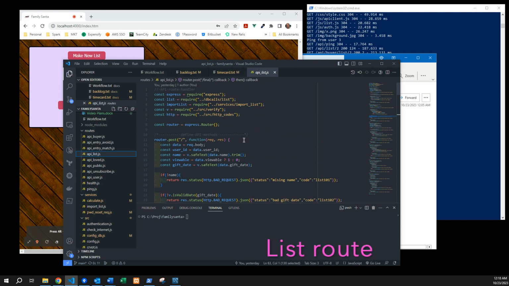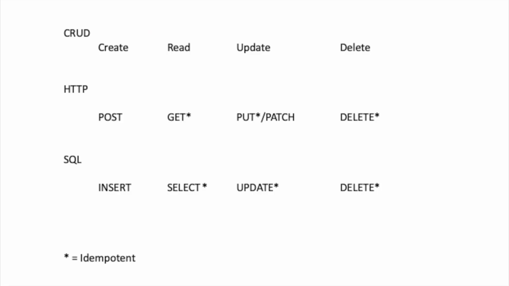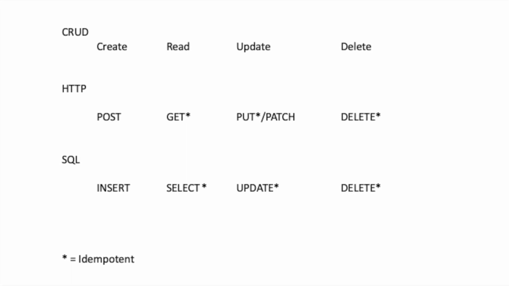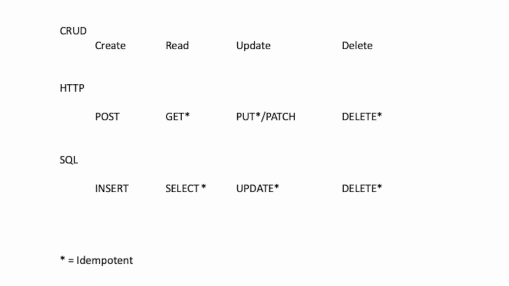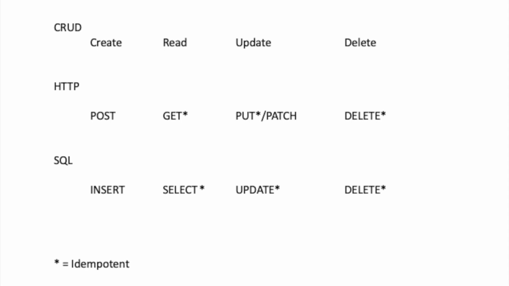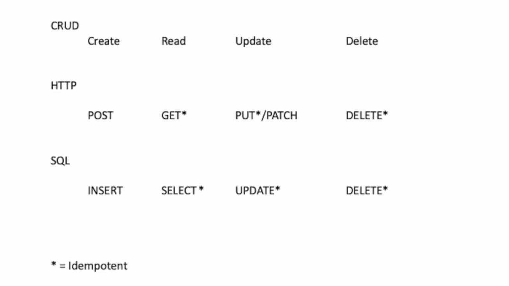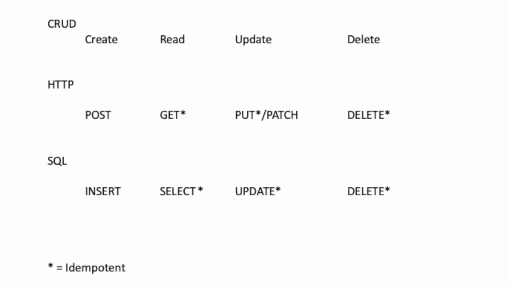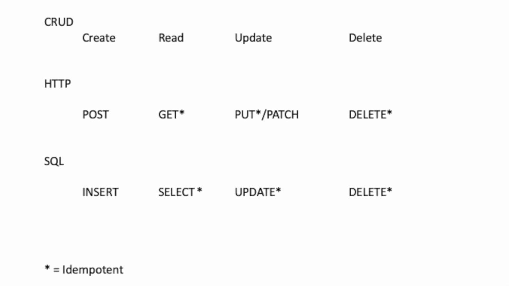Okay, so if you post to the route, remember we talked about how REST is representational state transfer. So CRUD values, create, read, update, and delete are converted into HTTP requests: post, get, put, patch, and delete.